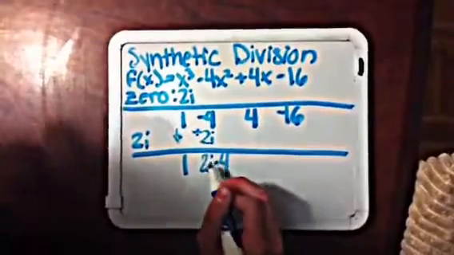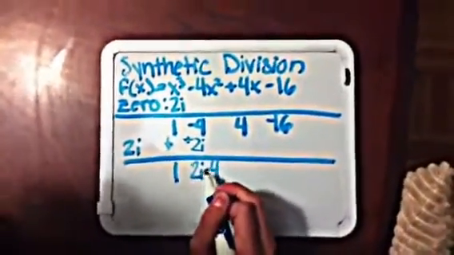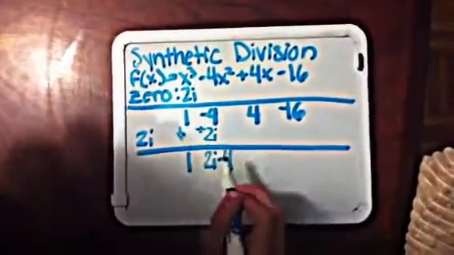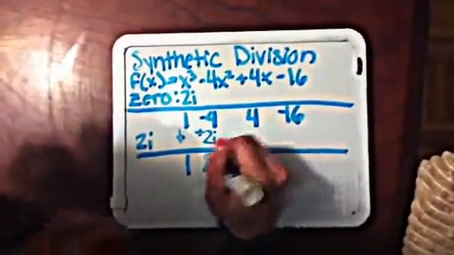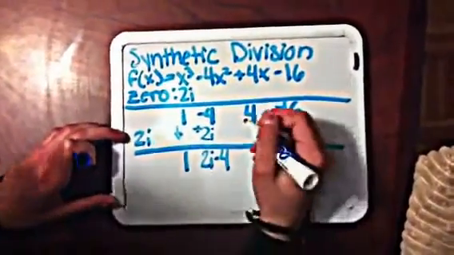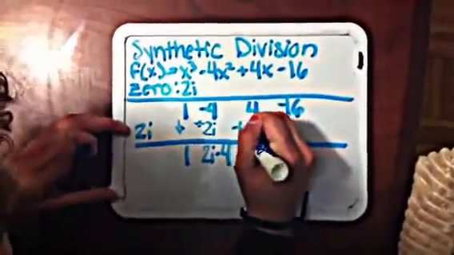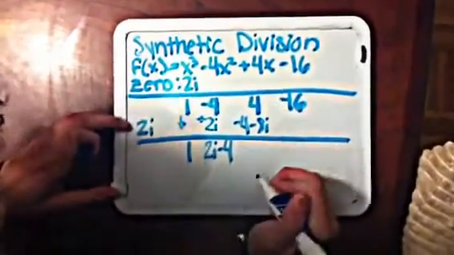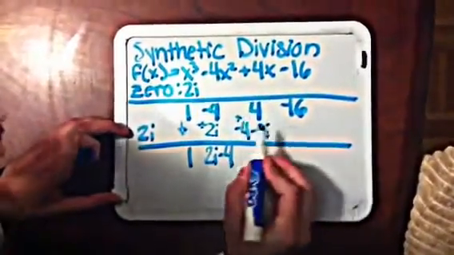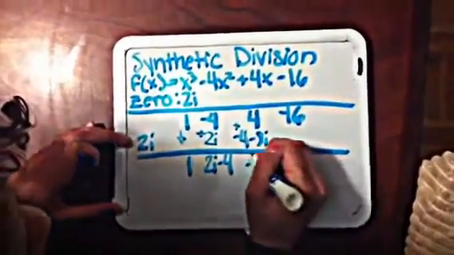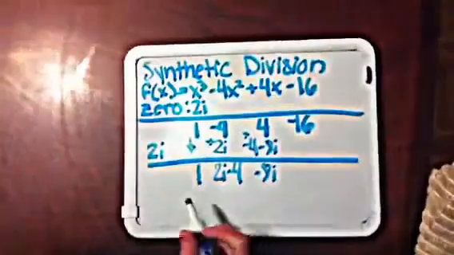When you do that, the i's multiply each other and that is the same thing as -1. So the answer that you'd get of 2i times 2i minus 4 is -4 minus 8i. When you add that to positive 4, you get -8i.